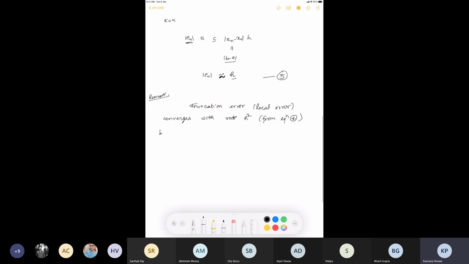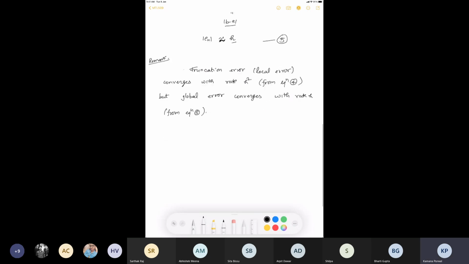But the global error converges with rate h, which you can observe from equation 5.